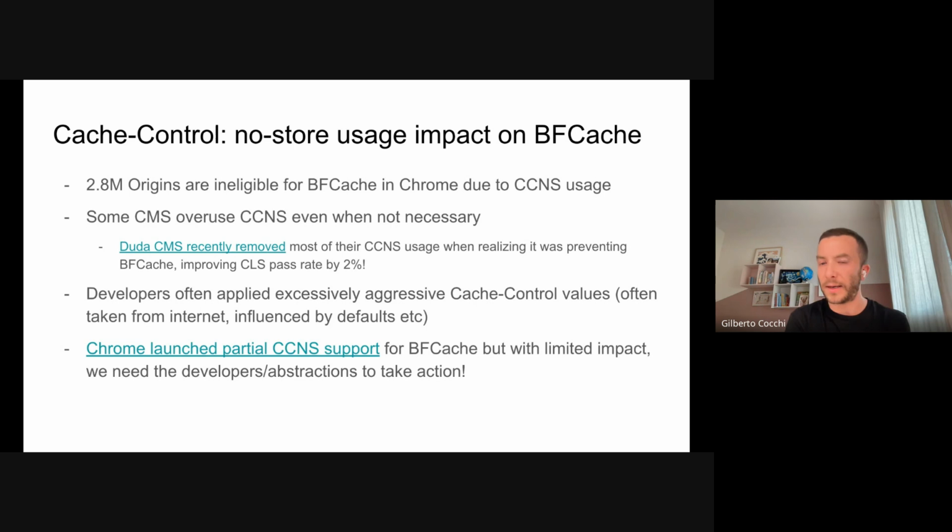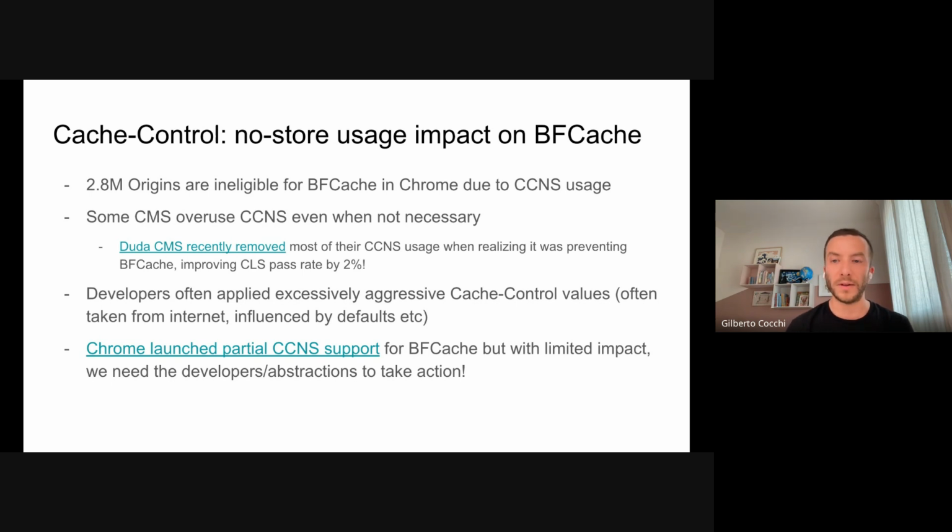I think Fergal, maybe in Deepak's session, and also Barry Pollard mentioned multiple times, and we definitely appreciated that the usage of Cache-Control: no-store on the web is pretty pervasive. I checked HTTP Archive over the last 2 years, and it's always around 21% of origins using CCNS, or Cache-Control no-store.